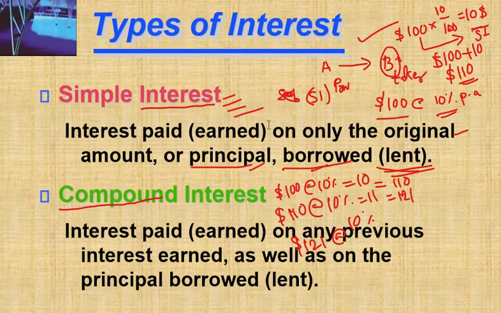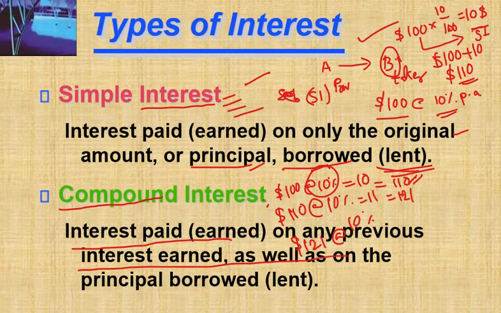What is the difference here? Here the principal amount for every year is the same in simple interest, whereas in compound interest, the interest is calculated on the balance due at the end of the year. So interest paid or earned in any previous year, interest earned as well as the principal borrowed, this total amount is considered for calculation of interest for the next coming year.